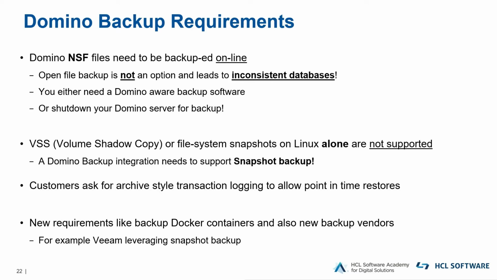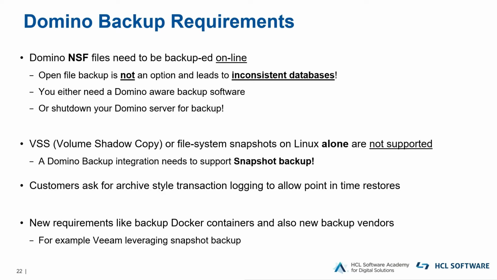So probably all of you know that you can only backup NSF files consistently online when you use any kind of backup software. So if you shut down your server, you can back it up with any tool that you like, but we don't want to shut down our Domino servers just to back them up, right?